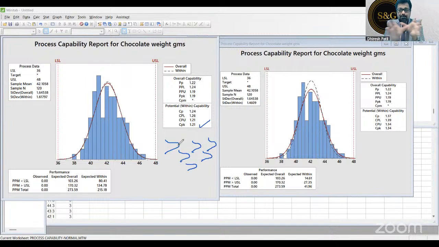Sample to sample variation is also impacting my process capability. Vis-a-vis when I am adding all the data points, my overall process capability is a little better. If I consider all the 120 samples together, my overall process capability, which is my CPK value, is a little better than this one.